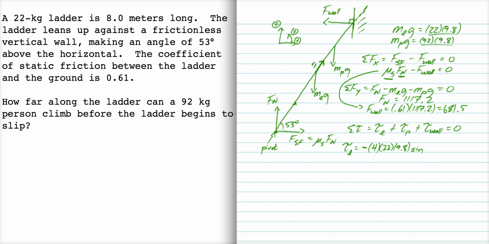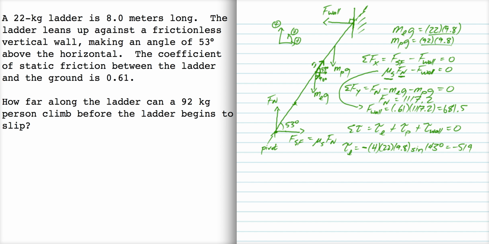The r vector for the ladder is here, so we've got to figure out this angle. If this is a horizontal line, then gravity is vertical, so this part is 90 degrees, and the ladder makes an angle of 53 degrees with respect to the horizontal. If I add those two up, I get 143. There are other ways to get that, but I think that's the easiest. So that works out to be minus 519.